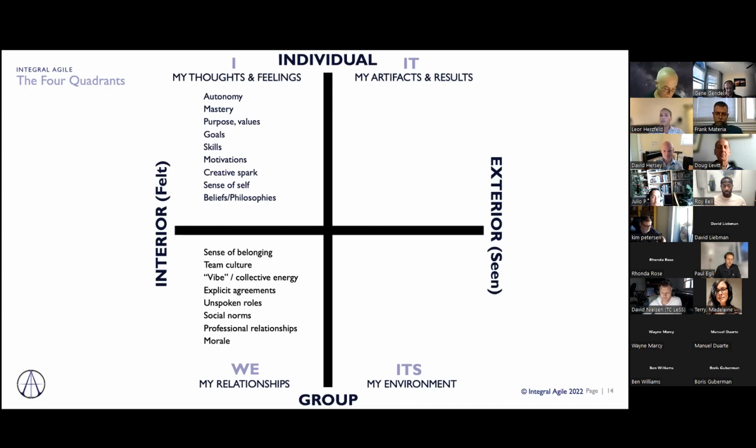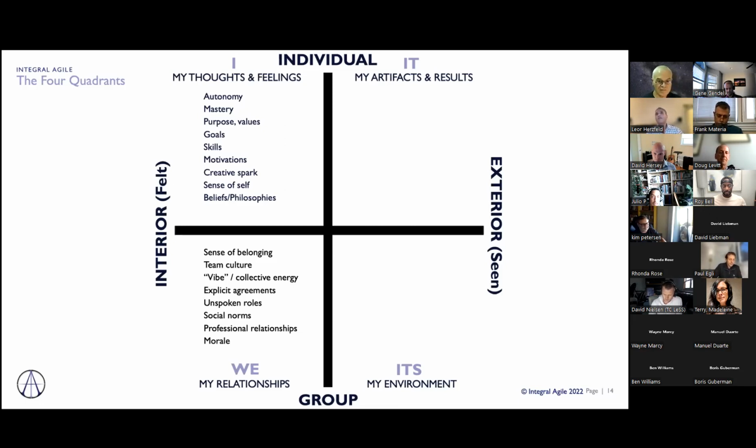On a team, this is where team culture would exist, professional relationships, team morale, all of these things exist on the lower left. And the important thing about looking at the world through these four quadrants is to remember that they're happening all the time. Whether or not we acknowledge it, they are.